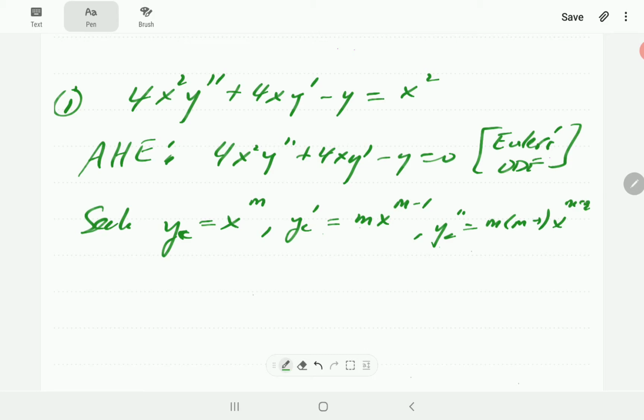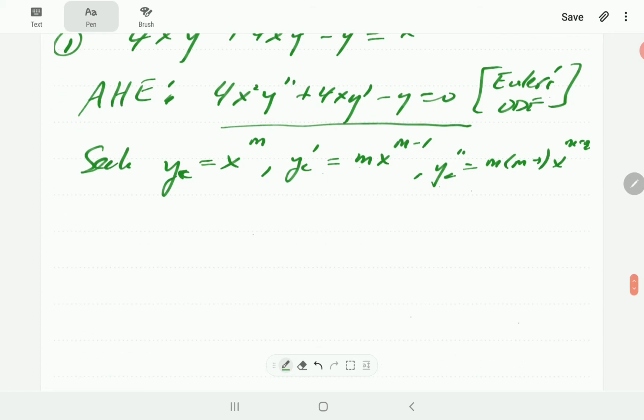Then if we take this and substitute it here, all the x's are going to be to the same power, which is just m. So we're going to have 4m into m minus 1 plus 4m minus 1, x to the power m equal to 0.